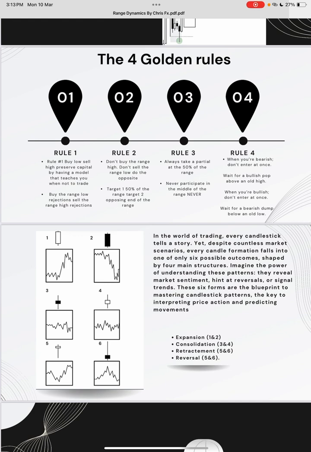So 1 and 2 are basically for the buy side: one is the classic buy day expansion, and 2 is the classic sell day dump lower. And 3 and 4 are basically consolidation on the daily time frame. Those candles above are the daily time frame candles.